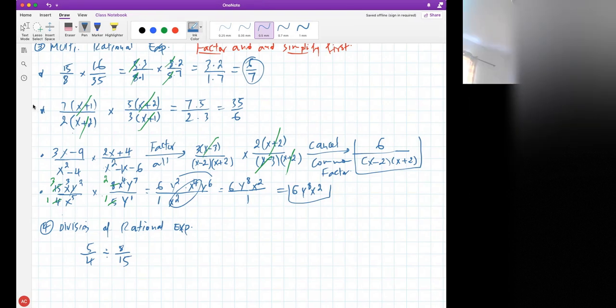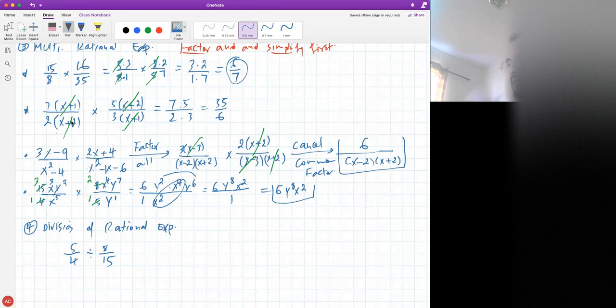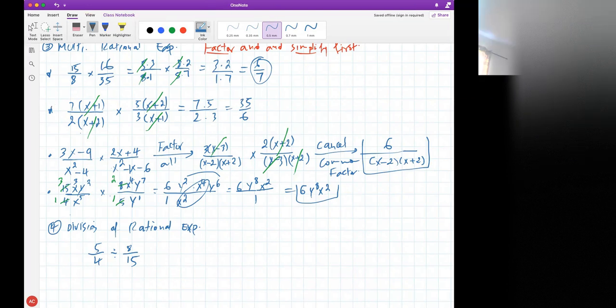Simplify is part of it, but before simplifying, what can we do here? There's a division, so, or in general, which way do we divide fractions? We flip the divide part.